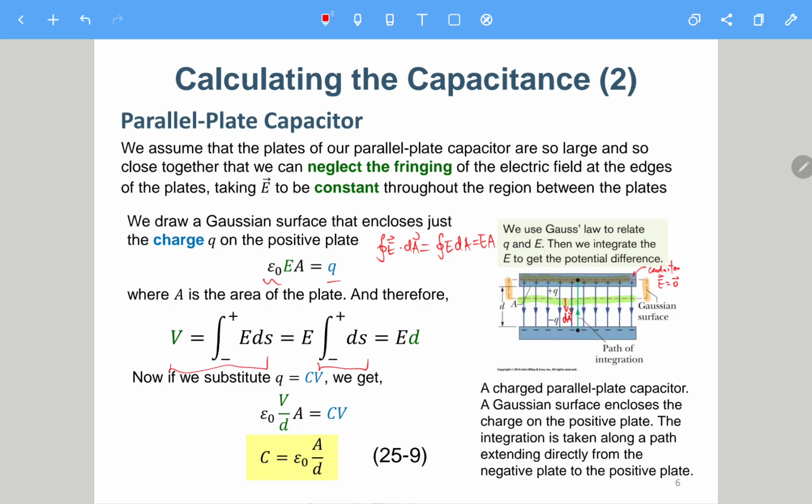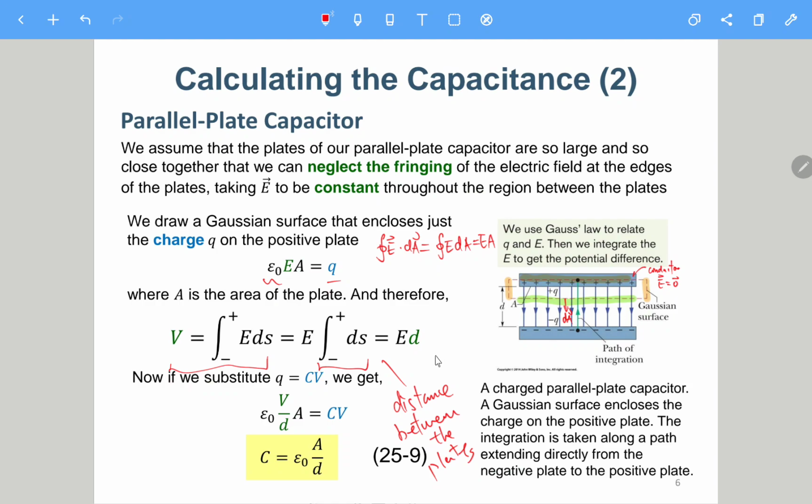If E is pulled out, this one just means the distance from the bottom plate to the top plate, the distance between the plates. So we denote that the distance as small d. So we have V equals E times d. Okay, just as simple as this.